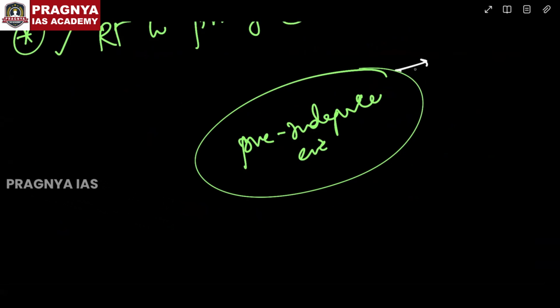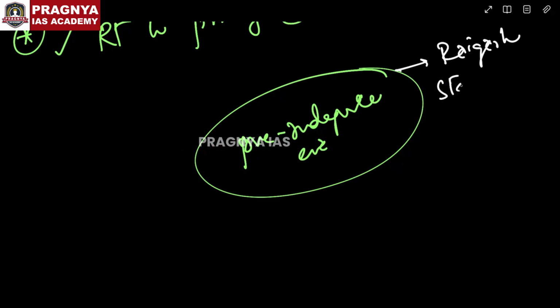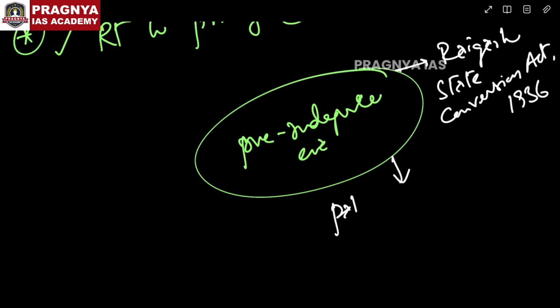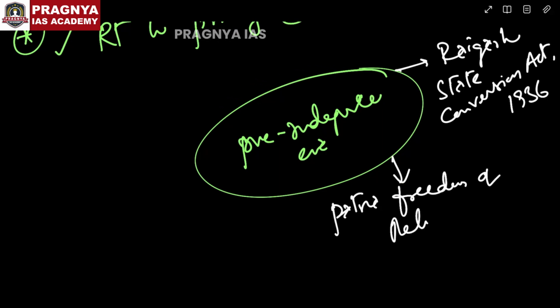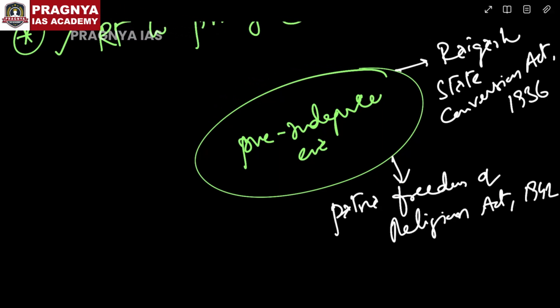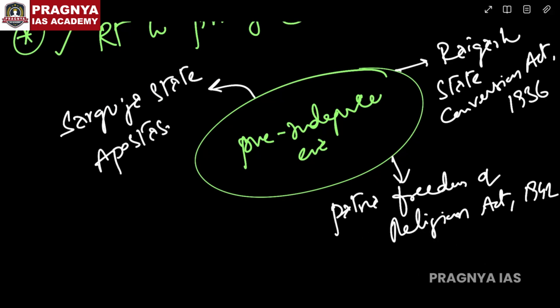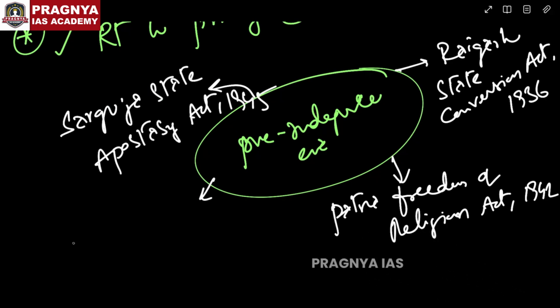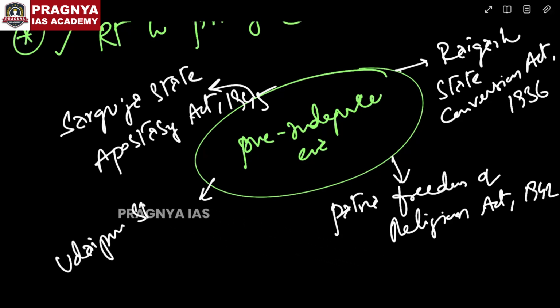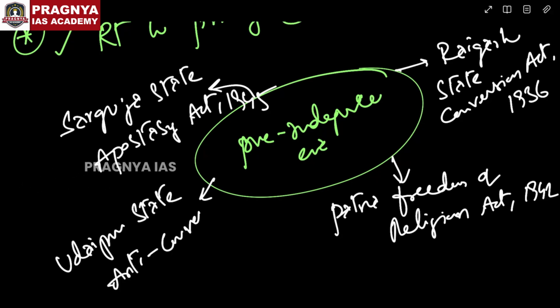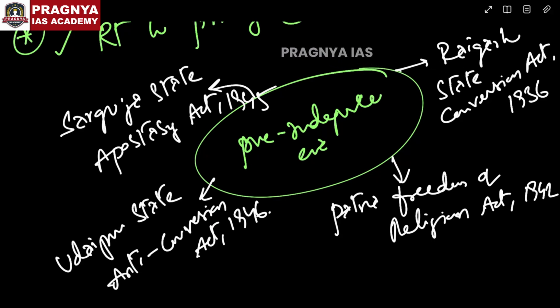The best examples were the Raigarh State Conversion Act of 1936, Patna Freedom of Religion Act of 1942, Surguja State Apostasy Act of 1945, Udaipur State Anti-Conversion Act of 1946. Likewise, right from the pre-independence era, in order not to force people to convert into Christianity and to restrict missionary activities, these were the laws.